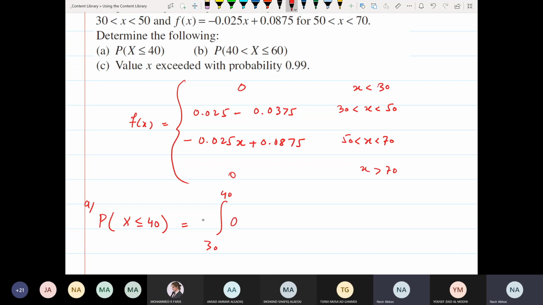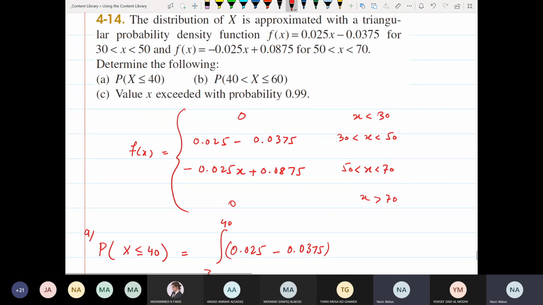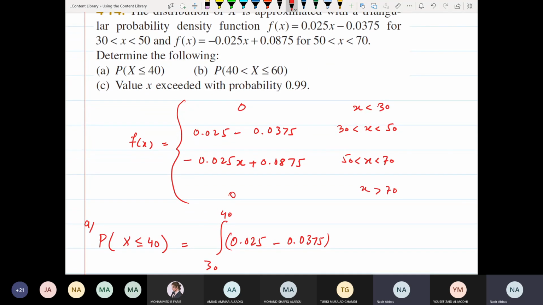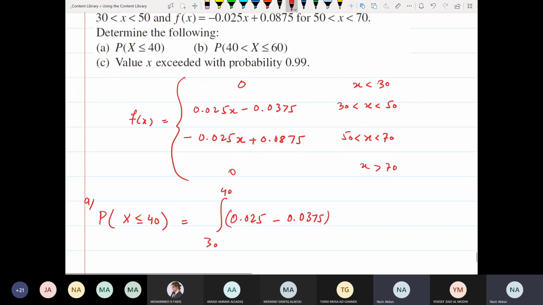The first one. I think I missed x somewhere in the first function. There is x here, 0.25x dx. This is how you will solve the first one. I'll show you how to solve it with capital F of x also.